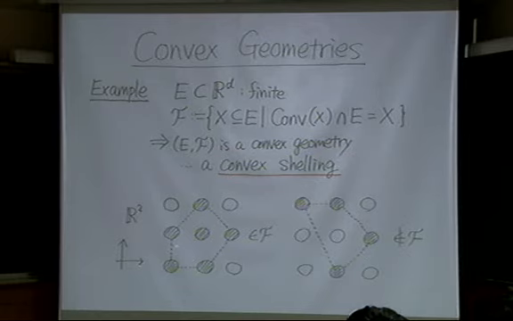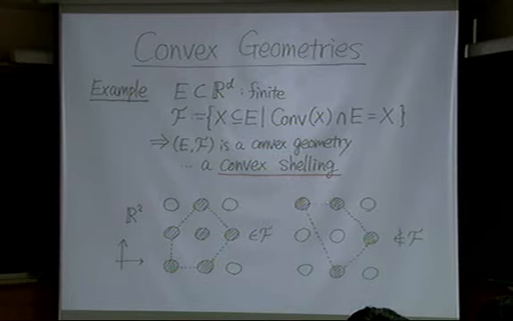This is 9 points in R^2. Then these 6 points form a closed set, because the convex hull of these 6 points is something like here, and the set E, 9 points, intersected with it is equal to the original 6 points X. So this is a closed set of the convex shelling, the convex geometry.